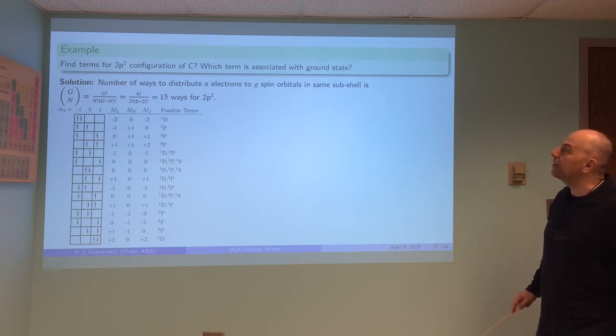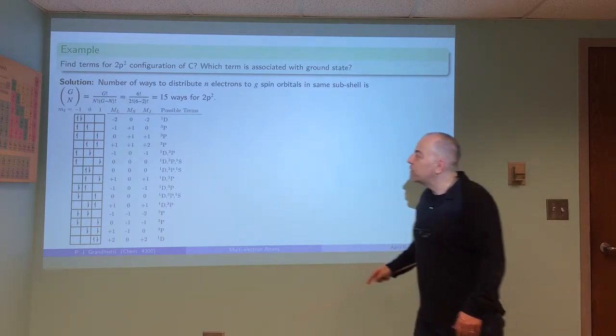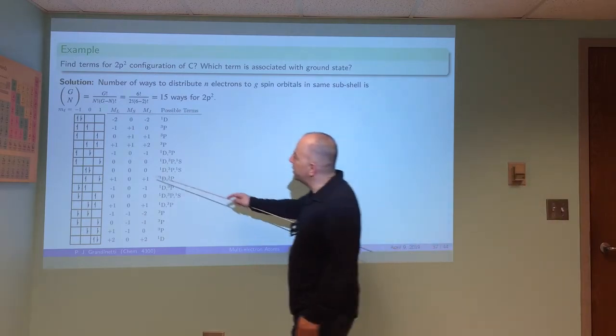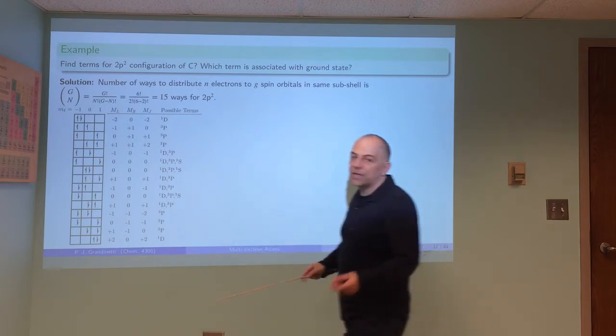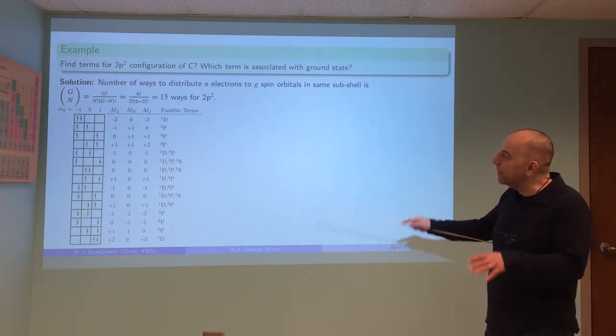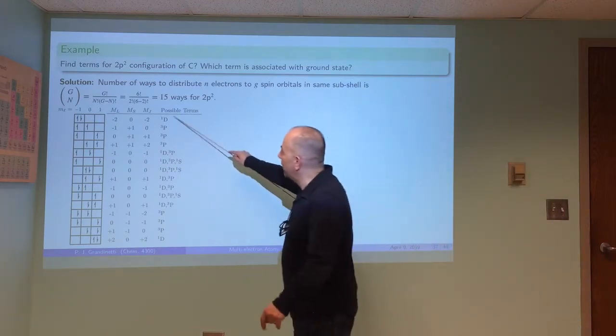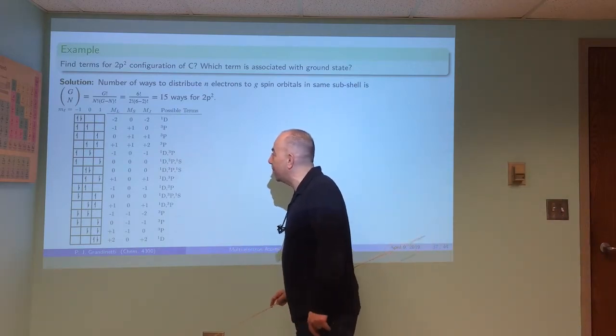Now, what we want to figure out is what are the terms that are associated with a 2p2, and can we identify which of these configurations could be associated with which of the terms? All right, so the answer's already up there, but we're going to work through that here. So just don't worry about this. We're going to figure out how that comes about.